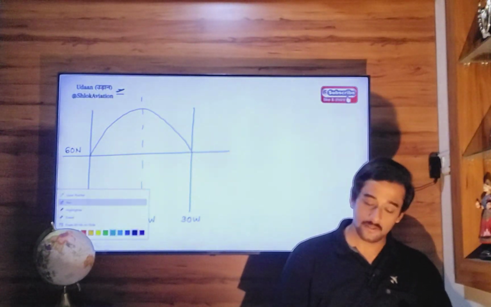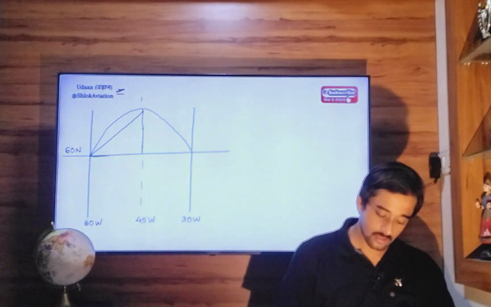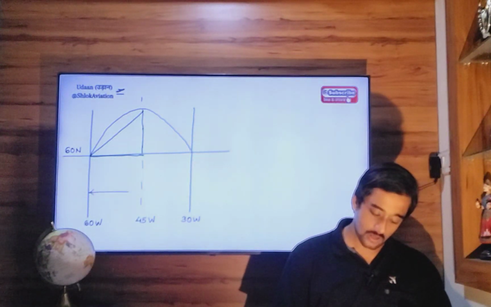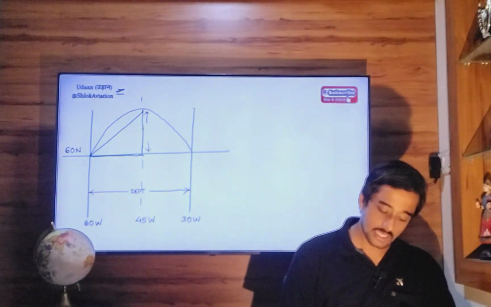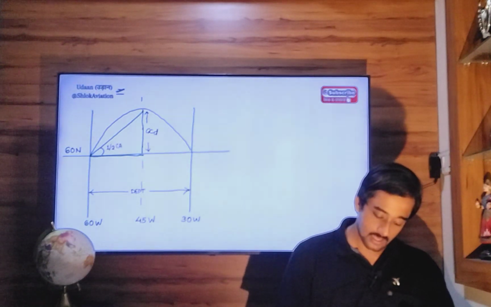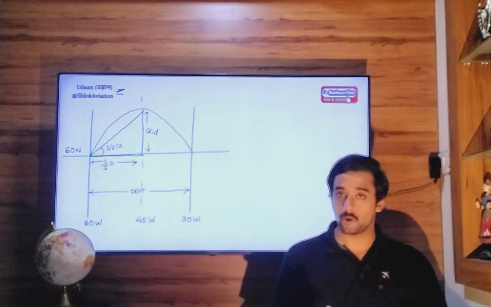Make a triangle. Now the distance between these two longitudes is equal to departure. Distance between these two latitudes is great circle distance. This angle is equal to half of convergence angle. This distance is half of departure only up to this point.